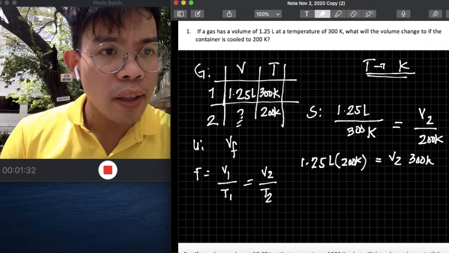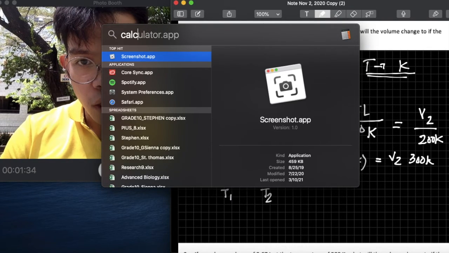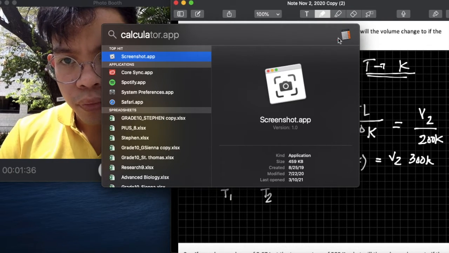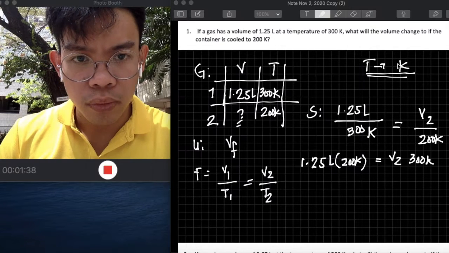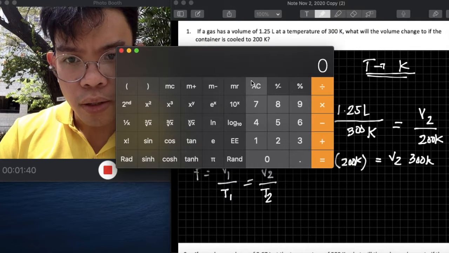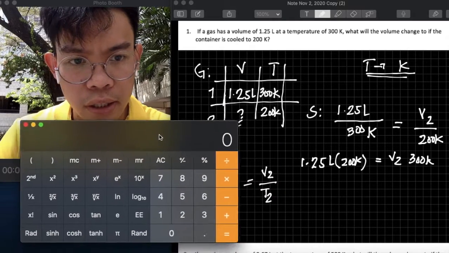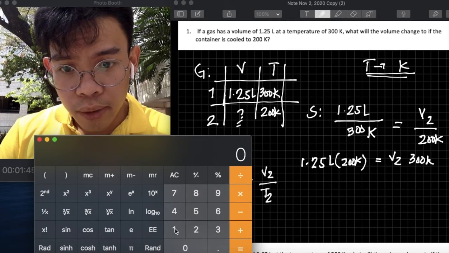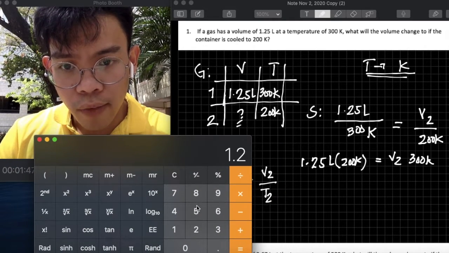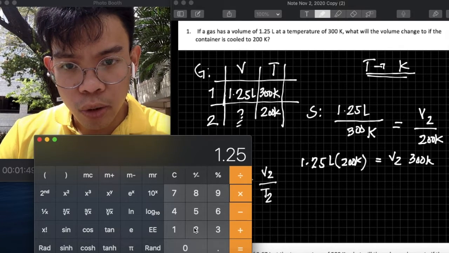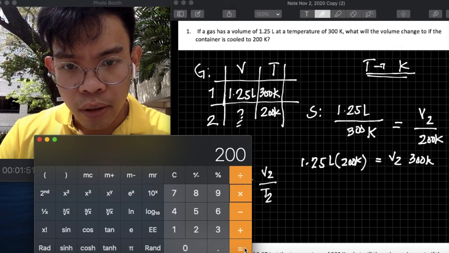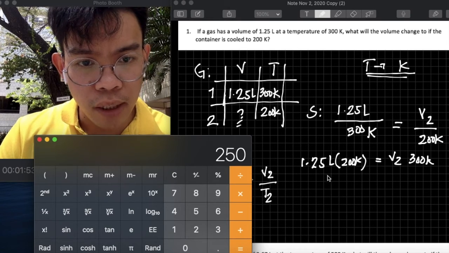Next, 1.25 liters. Let me check my calculator. Okay, so on my calculator, 1.25 liters multiplied by 200, the answer is 250.